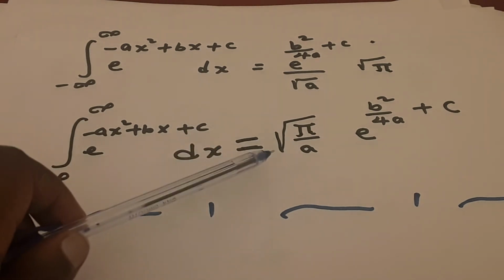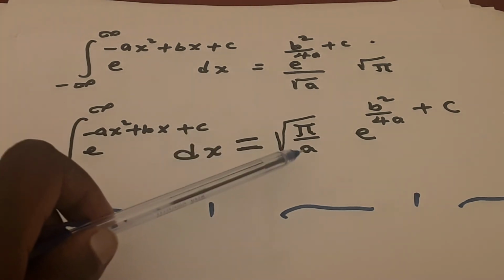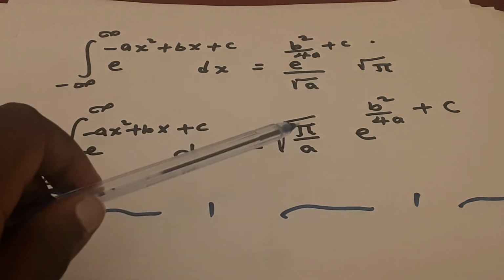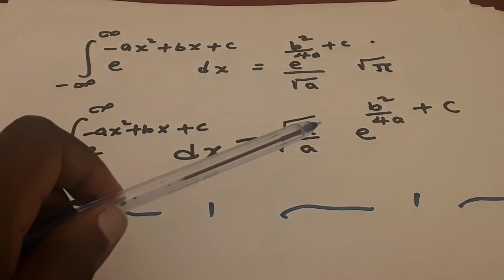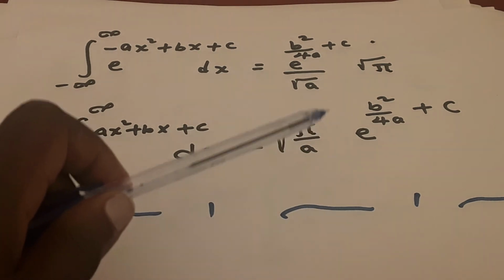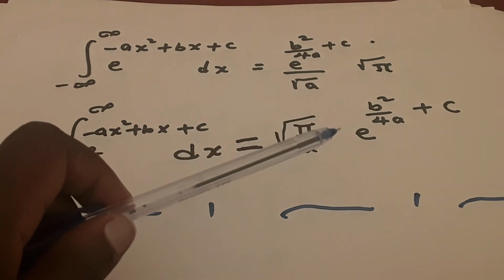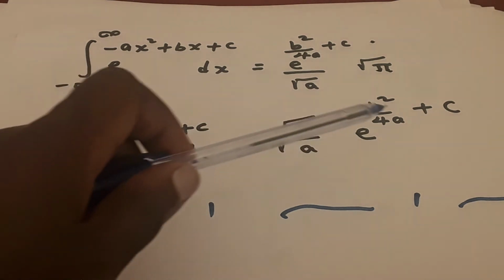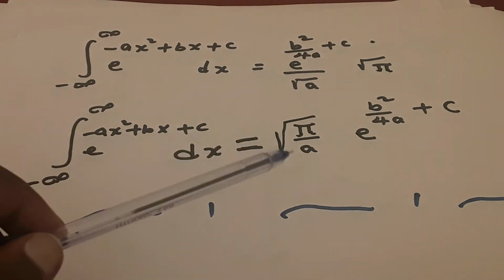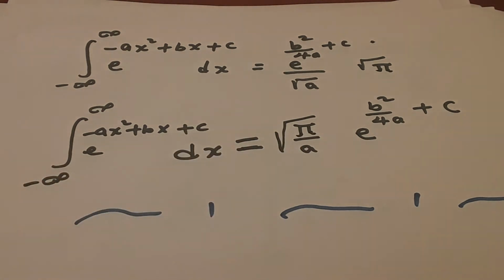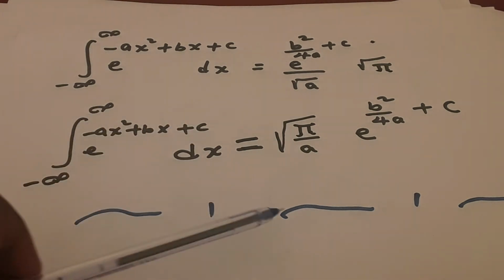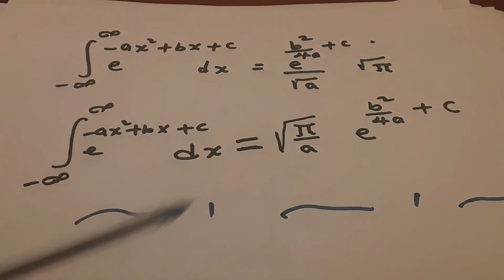We have square root of pi over a, and a is 1, so square root of pi, times e raised 2 squared over 4, which is 4 over 4, which is 1. So e raised 1 is e, plus c, and c is 0, so the result is square root of pi times e. That's extremely elementary after you have derived it; otherwise, it is complicated to integrate.